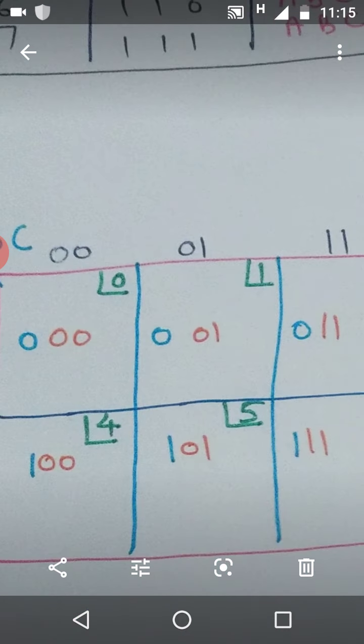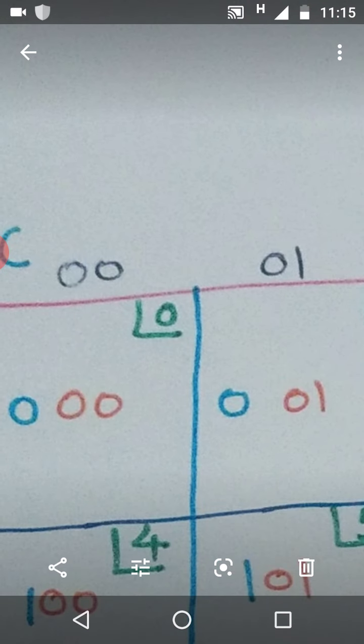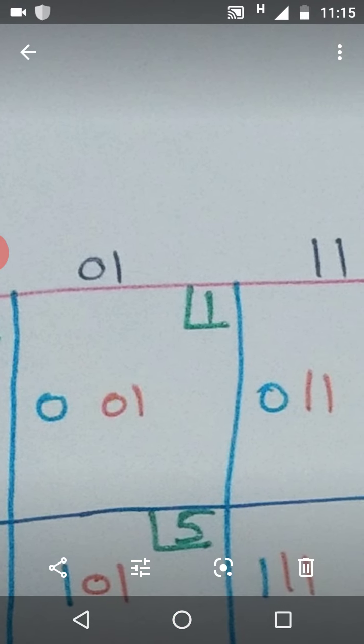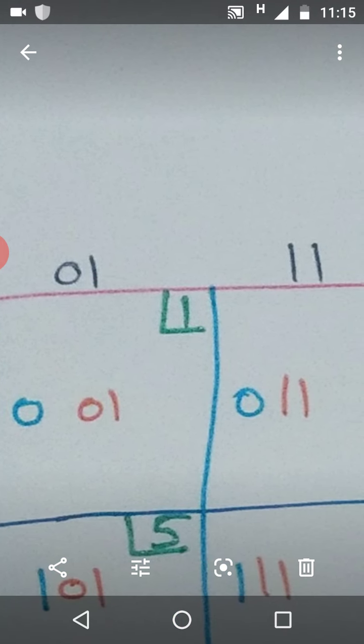Only the right side bit, 0 into 1, so with a change of 1 bit we can make 00 into 01. Next is 01 to 11. How many bits of distance is there? This is called unit distance. Unit distance means the codes differ by 1 bit only.